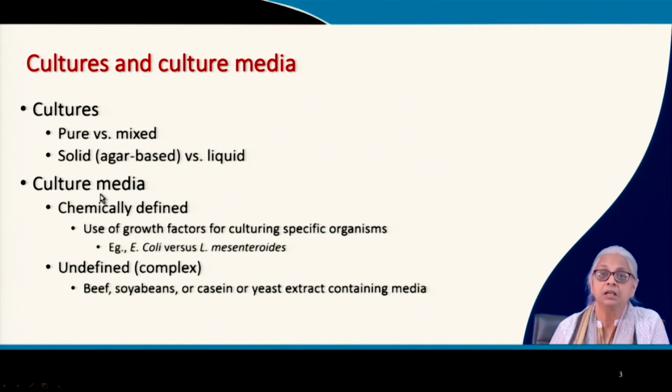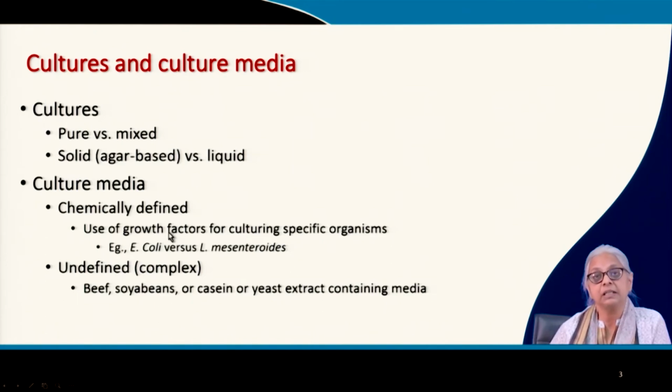These culture media can be chemically fully defined. So you can have very specific chemicals or salts added to the media, and these are called chemically defined culture media, or you can have undefined or complex media. So I'll show you examples of all of them. And these chemically defined media may need the use of growth factors.